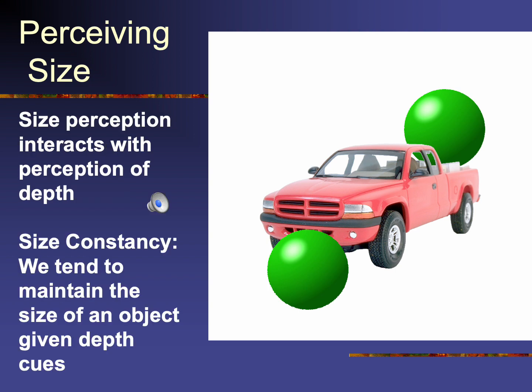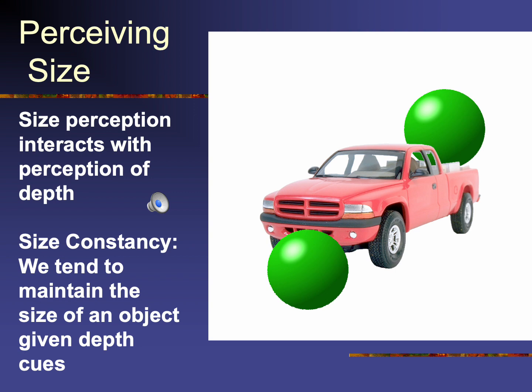In general, what we try to do is maintain size constancy. We don't like forms changing their size. We can't imagine that if I walk back behind something, I can also grow or expand somehow. Objects tend to maintain their sizes and their dimensions.